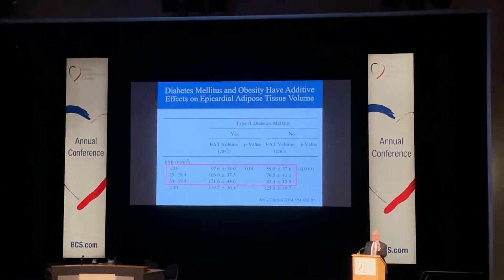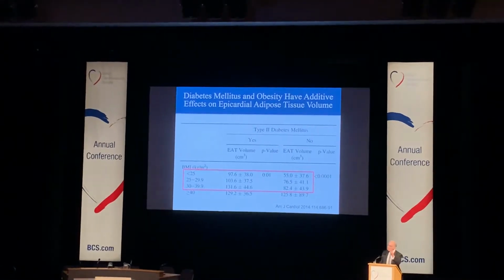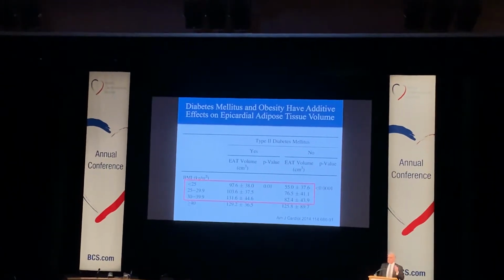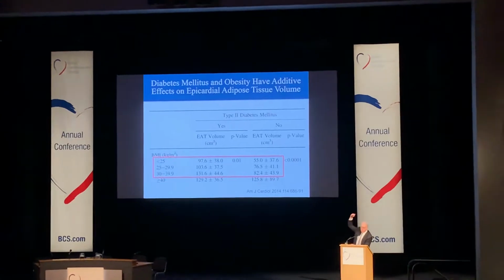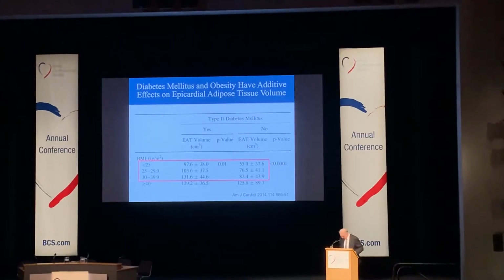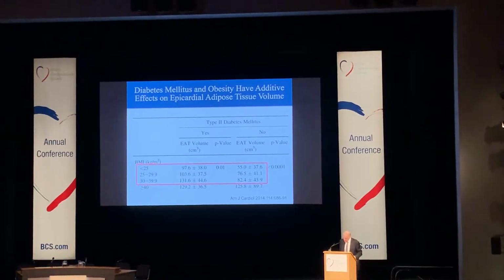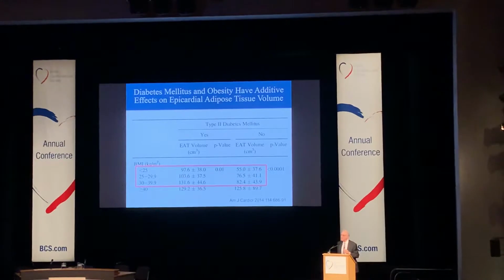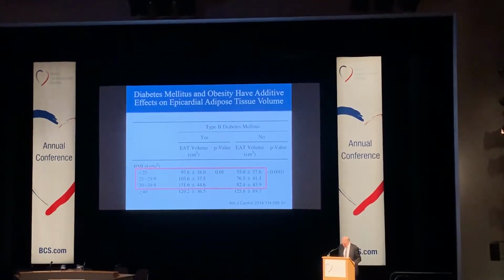But it also is a major accelerant of epicardial adipose tissue expansion and inflammation. If someone has obesity and diabetes, there is an additive effect on epicardial adipose tissue volume. That's true when obesity is added to almost any of the other diseases that I spoke about.